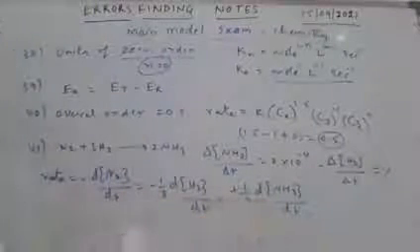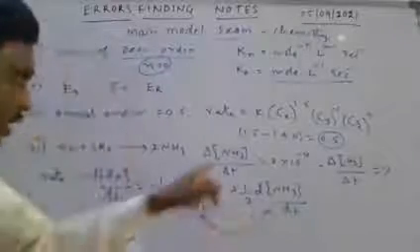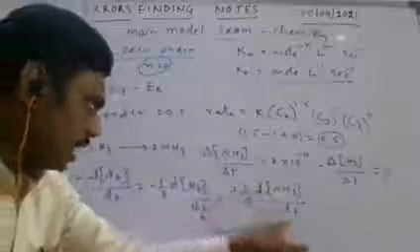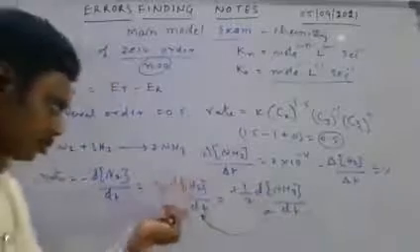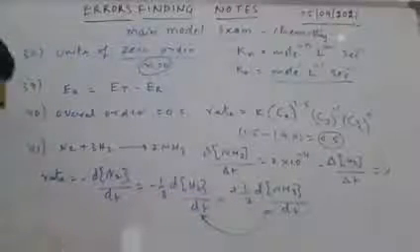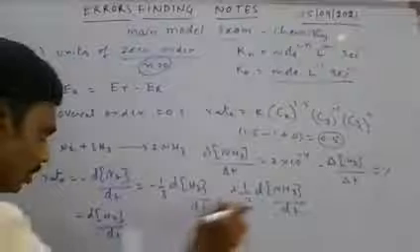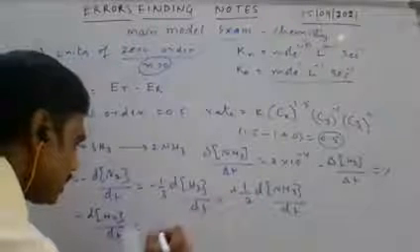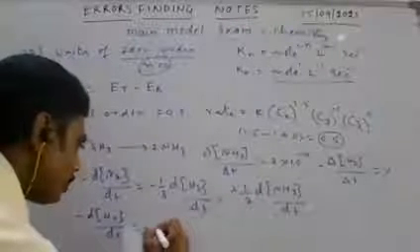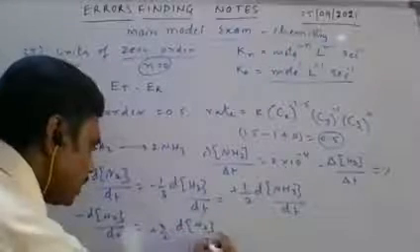Here delta NH3 by delta t value is given, and delta H2 by delta t you have to identify. From these two, what is the relation? Minus d of H2 by dt is equal to 3 by 2 d of NH3 by dt.